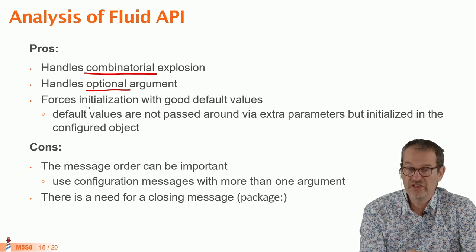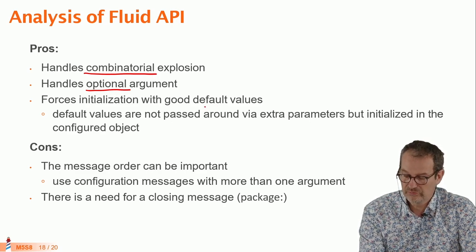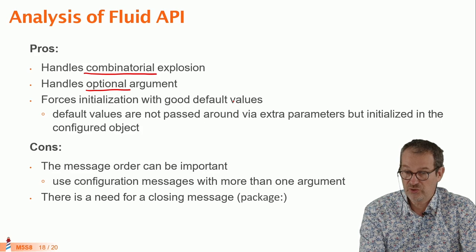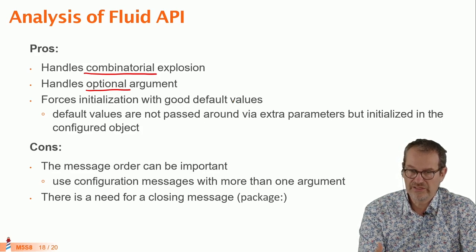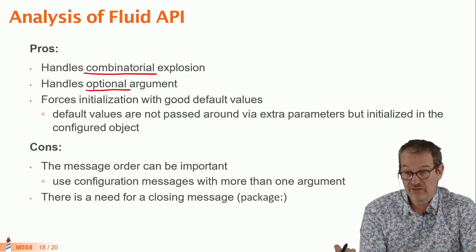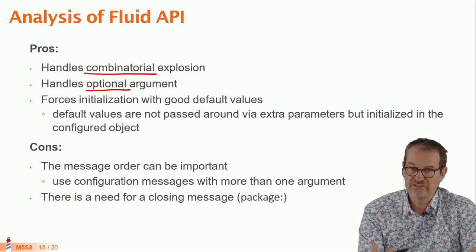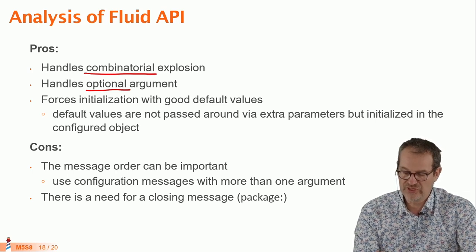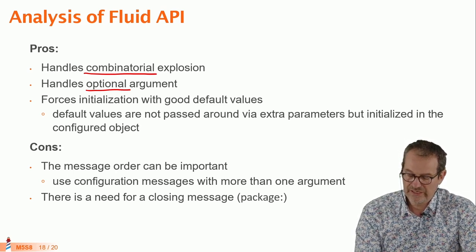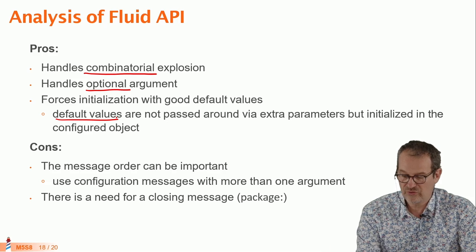They will force the initialization to have good values because your object should be well initialized, so that you can avoid using a value. And then the logic, this is the builder that will have to pay attention and be careful with the logic. And like that, the default values are not passed around. They are just initialized.